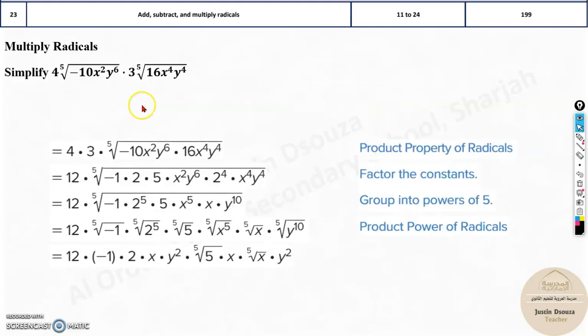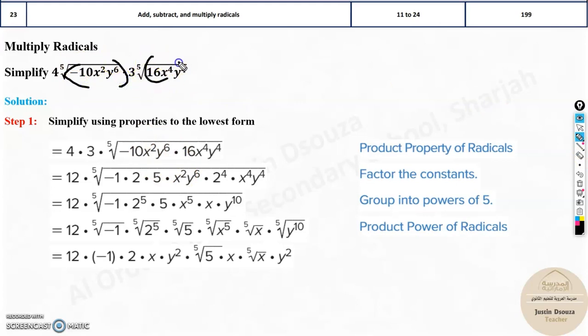Now over here again, this animation is a problem. But anyways, you're multiplying. Fine, it's very simple, just that these numbers will be multiplied outside. You can see this 4 and 3 will be multiplied outside. Now over here, since the radical has the same power, it's very simple. All of this can be written inside, but make sure you're multiplying this with this.